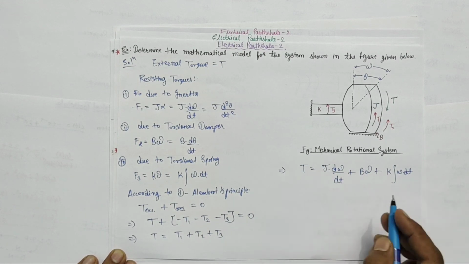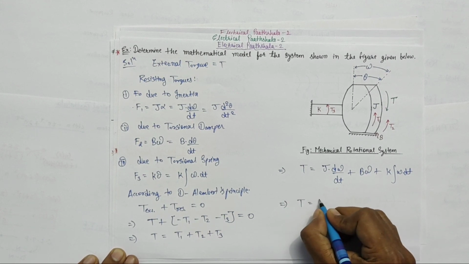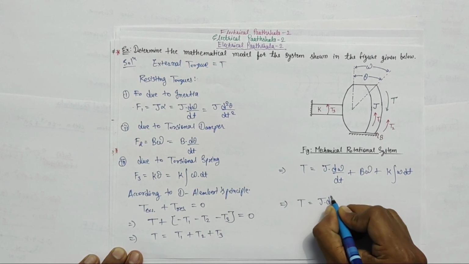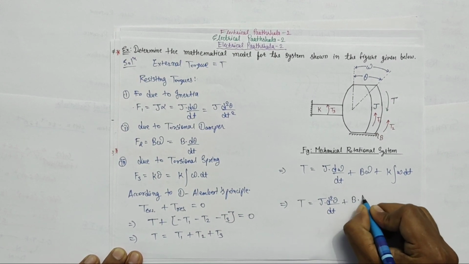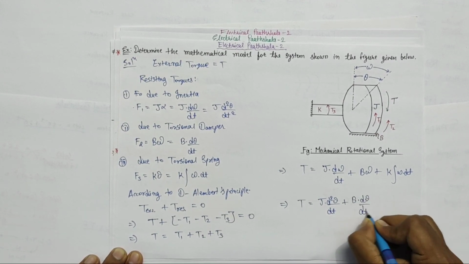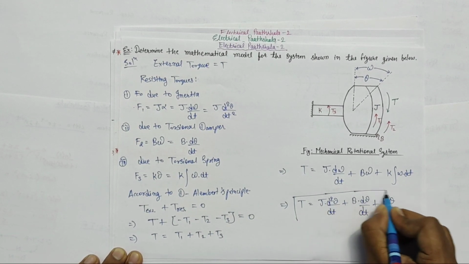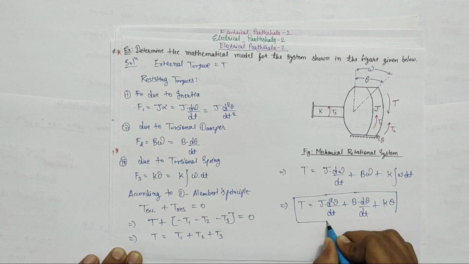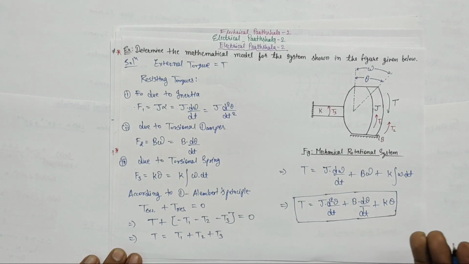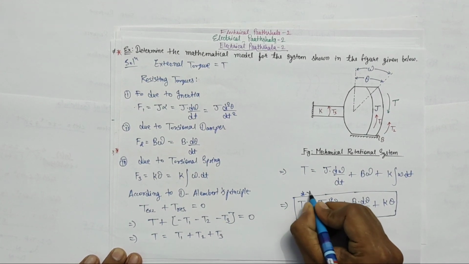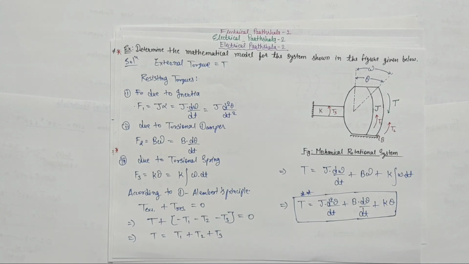This is the equation of T in terms of angular velocity, and in terms of angular displacement we can write it as T is equal to J d2 theta over dt2 plus B d theta over dt plus K into theta. Again, this equation is important for us, and we will use it when we study analogous systems in our next video. So this is a very important equation which is in terms of angular displacement.